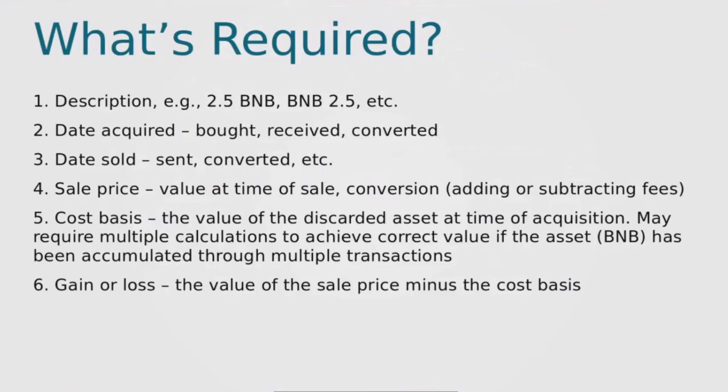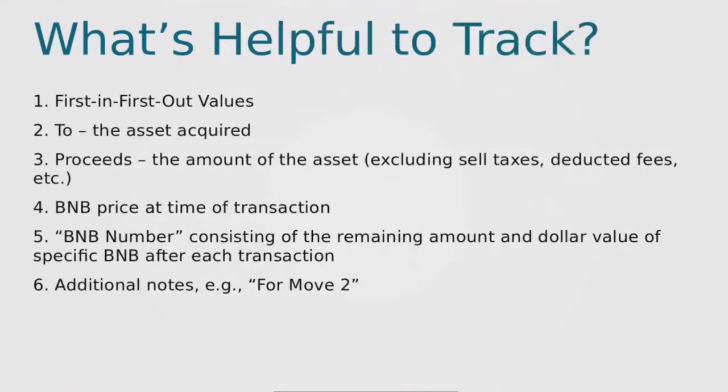And then you have to report the gain or the loss, and that's just the sale price minus the cost basis. No one feel the need to necessarily take notes, because I'll share these slides when we're done. So that's what's required to track. Here's what I've found is helpful to track.